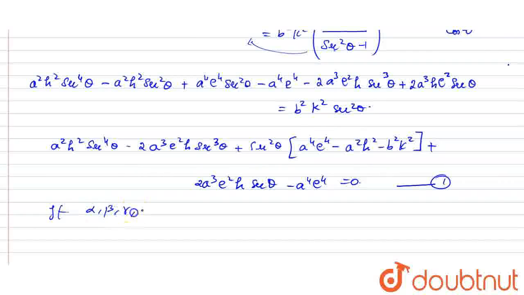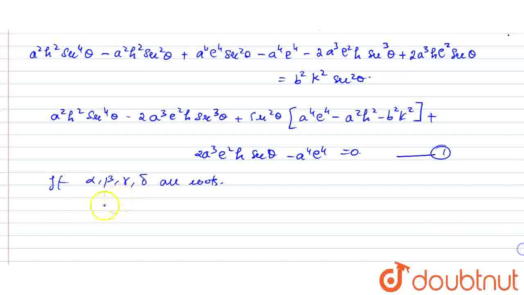if alpha, beta, gamma, delta are roots of equation 1, therefore the summation of secant alpha I'm going to take here is 2a cube e square h divided by a square h square.